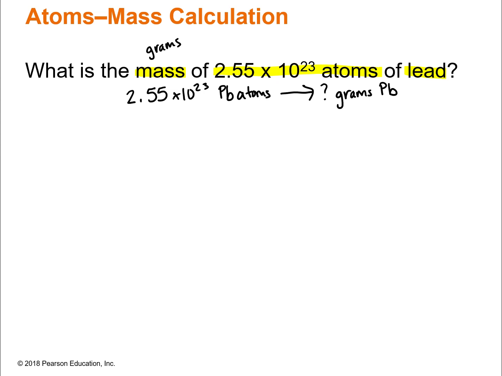We can't just jump from atoms to grams. We have to use moles. So if you think about chapter 2, when we were doing all of those conversions, we had to go through kind of a base unit.